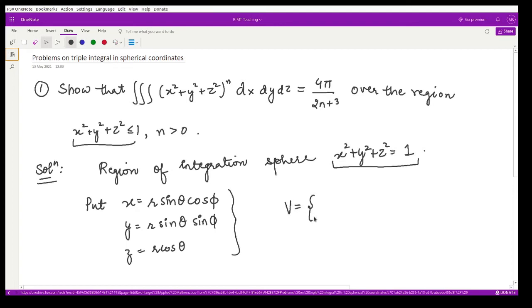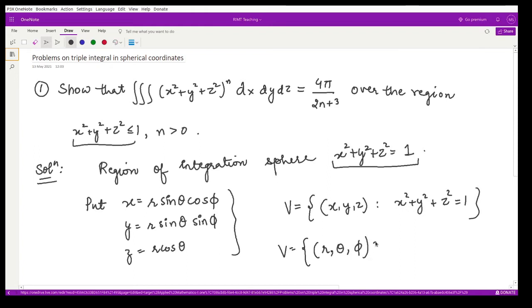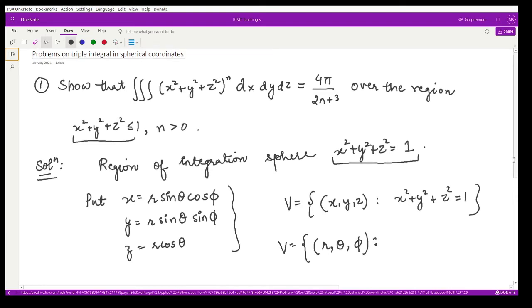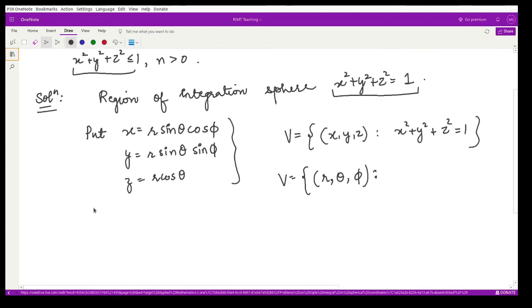So for that we will define the region V as consisting of all the points x, y, z. This was previously given to us, that we have to perform the integration over this particular region. But now what is our region? Our region will consist of all the points r, theta and phi such that, what are the limits for r, theta and phi?